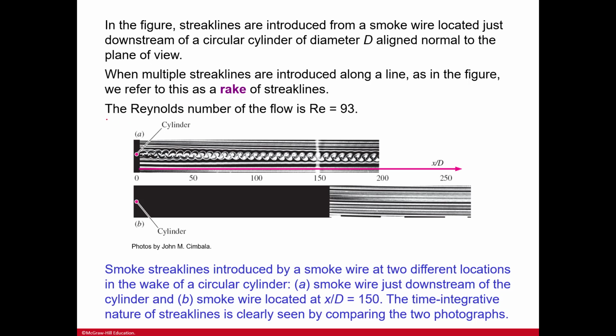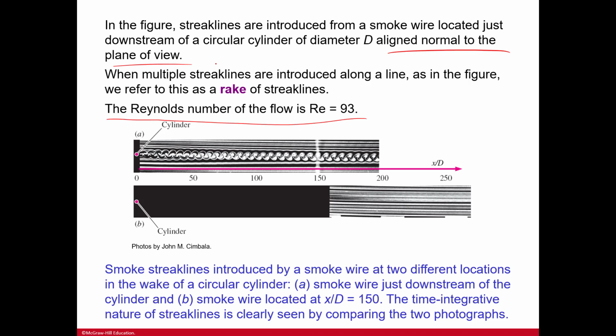Okay, and the Reynolds number of the flow is Re equals 93. In the figure, streak lines are introduced from a smoke wire located just downstream of the circular cylinder of diameter D, aligned normal to the plane of the fluid, because remember, we always align normal to. When multiple streak lines are introduced along a line, as in this figure, we refer to this as a rake of streak lines.